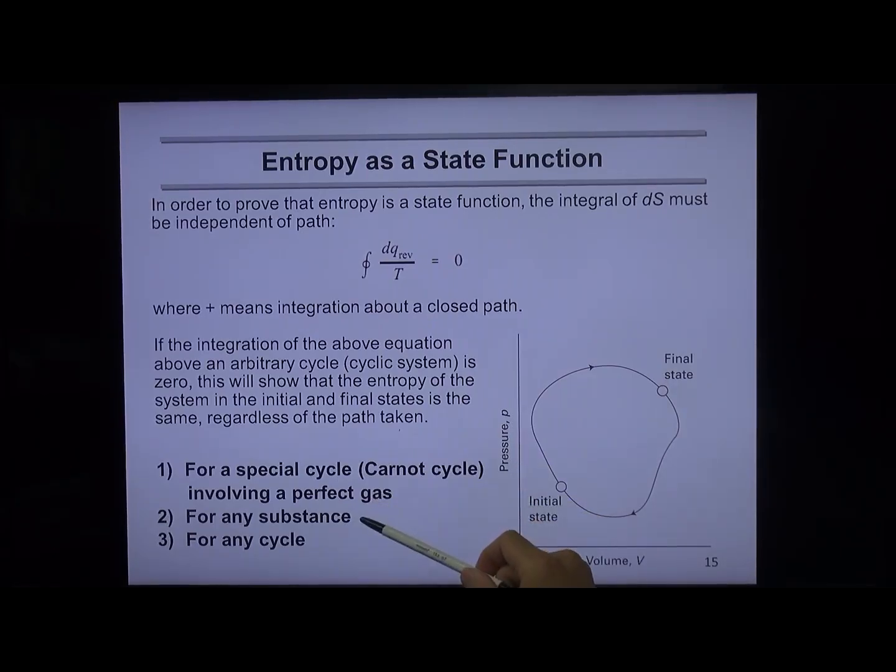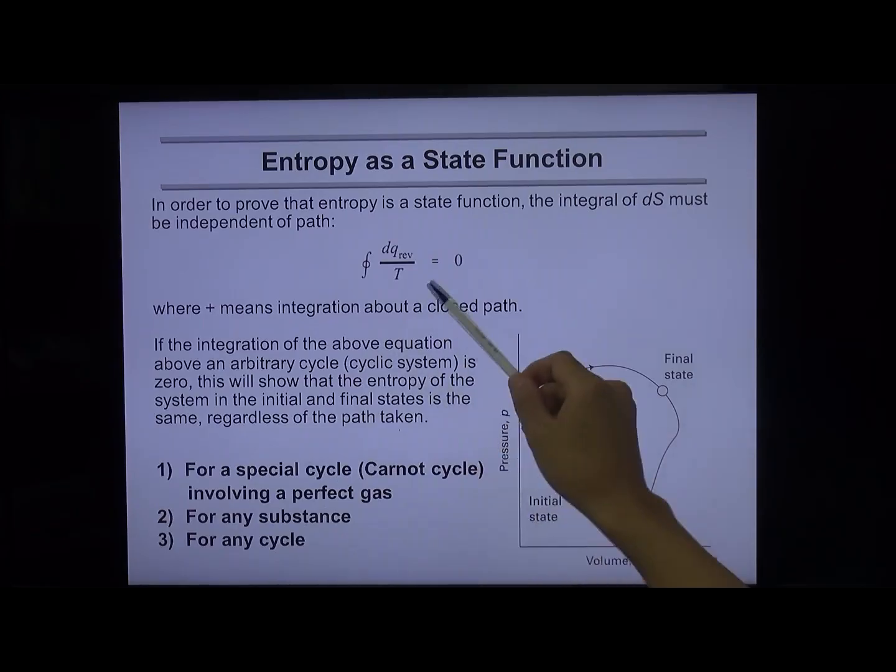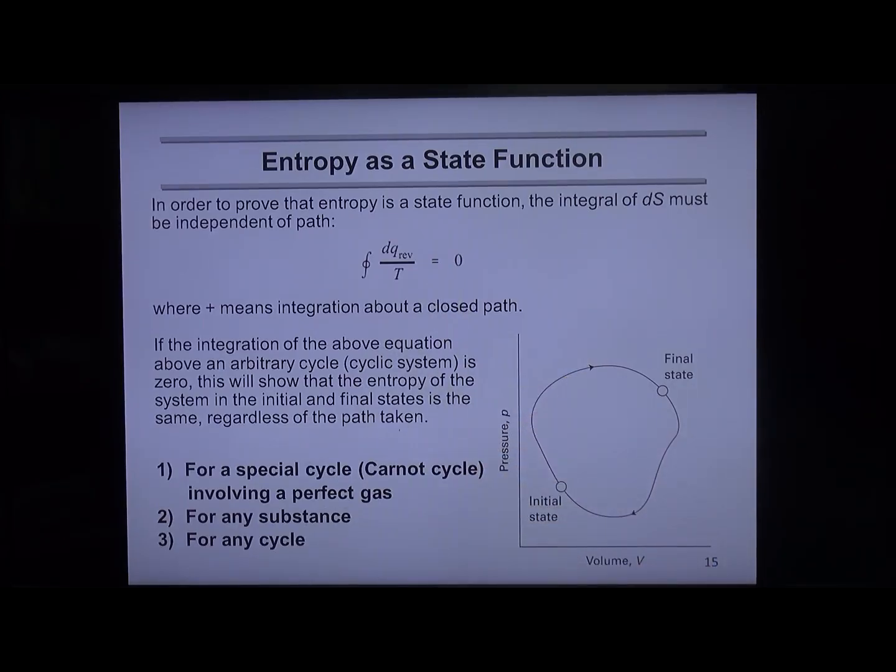Secondly, we'll show that this is true for any substance, not just perfect gas. And finally, we'll show that this is true for any cycle, not just a special cycle. So we'll generalize it, and we'll show that this is true all the time, which means that entropy is a state function.